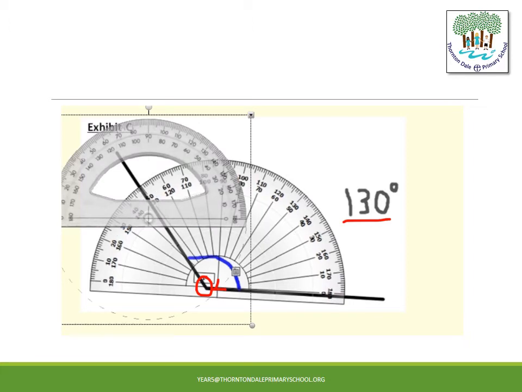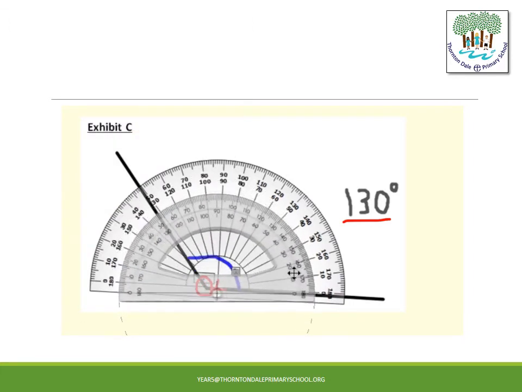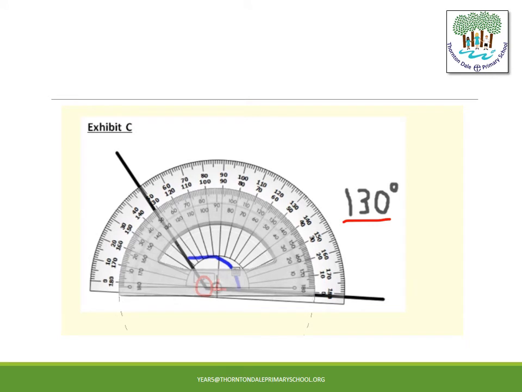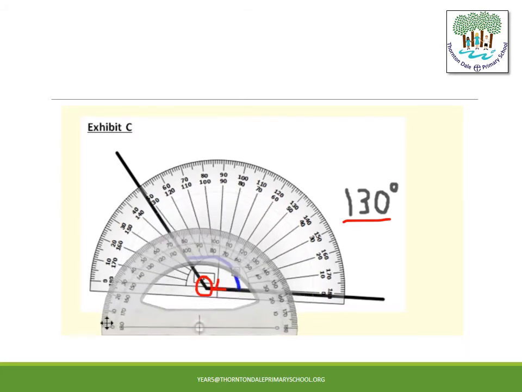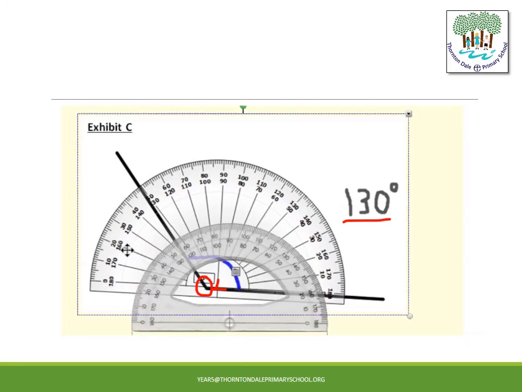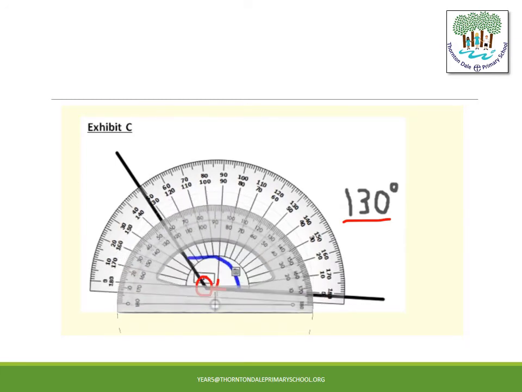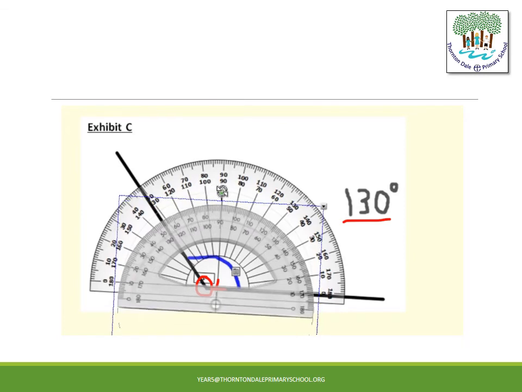So here we go, hopefully I can show you with this. This is going to work. So if I get my protractor lined up properly, and let me rotate it. There we go.